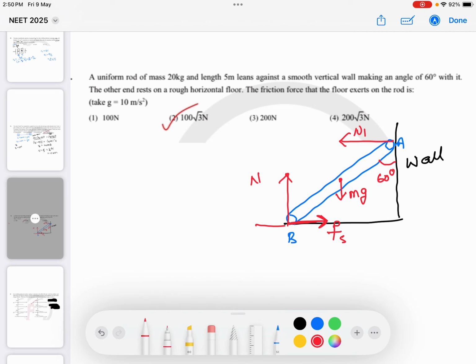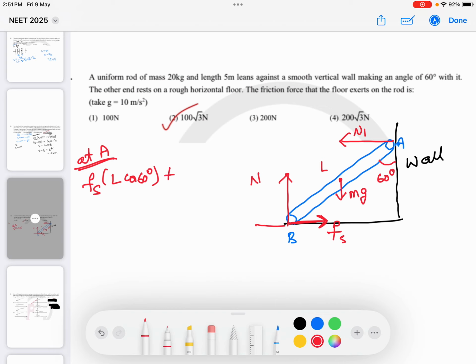So for this situation I am taking torque conditions at A. Torque is nothing but force into perpendicular distance. Here Fs is the force at the point, and the perpendicular distance, taking length as L, on resolution can be written as L cos 60 degrees.